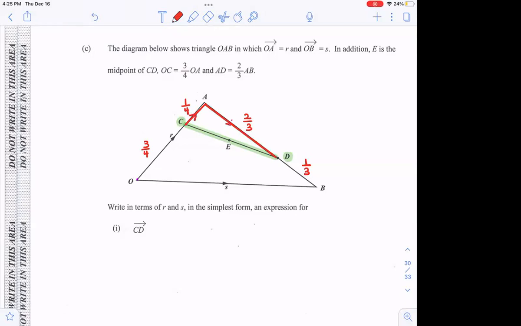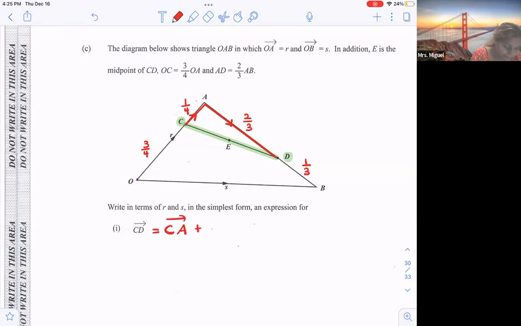Yes, miss. So CA plus AD. And when we write in vectors, C is always my start, D is always my end, and whatever I put in the middle here must be the same. That is the common point.